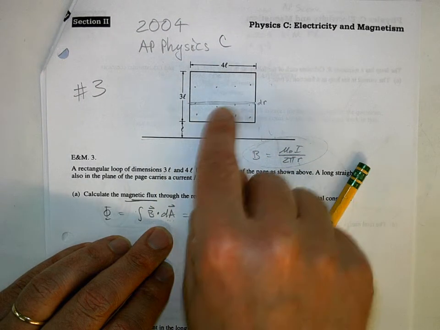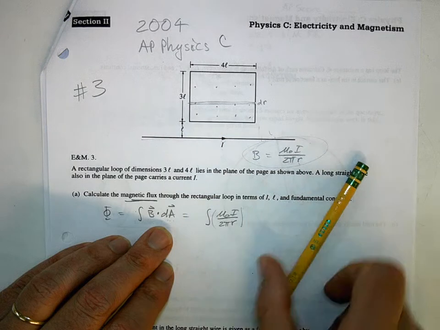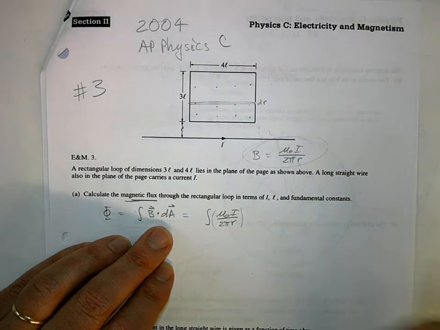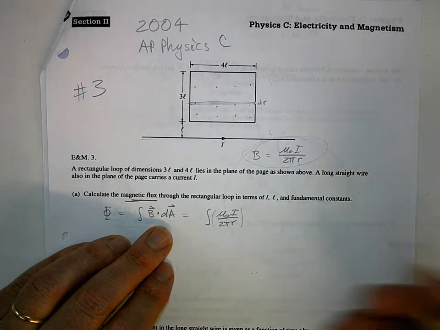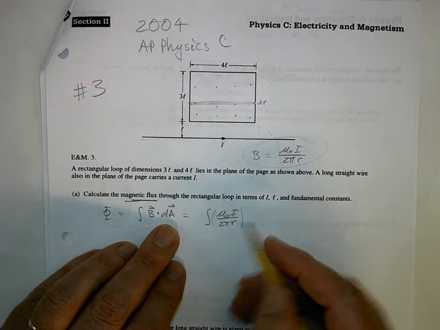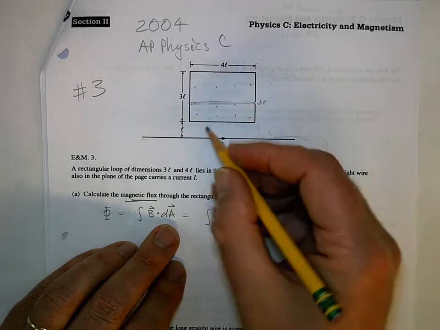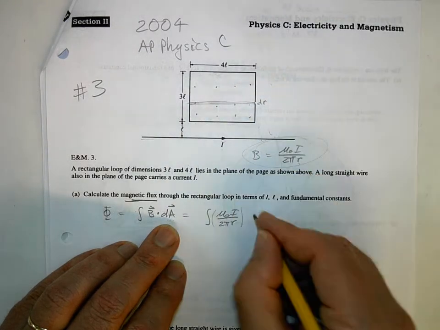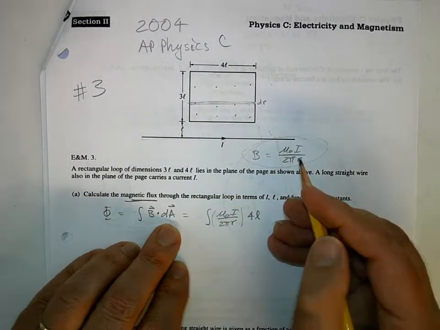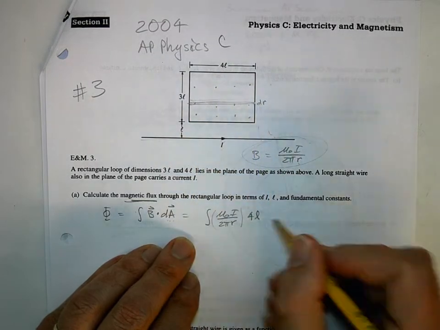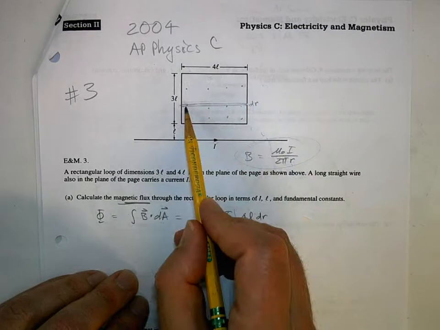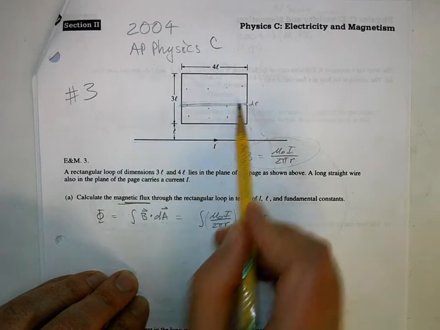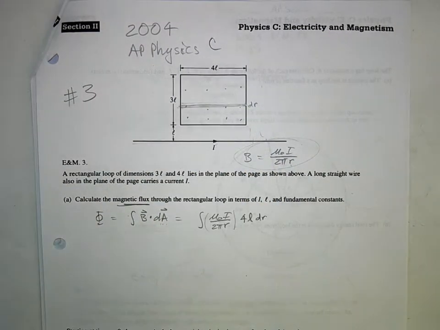This is coming out of the page perpendicular to the surface area of that loop, so don't worry about the cosine theta. Theta is 0, therefore cosine theta is 1. The area of that is just going to be 4L, right? Because this has a length of 4L and a width of dr. So 4L times dr is this very tiny area right there.